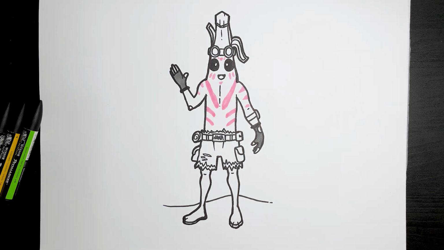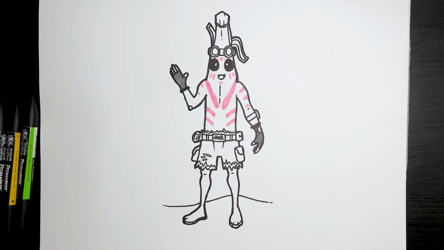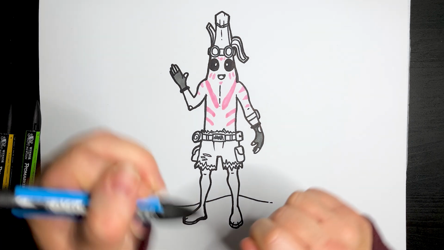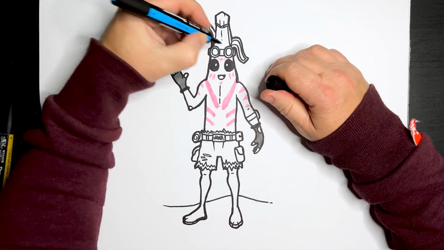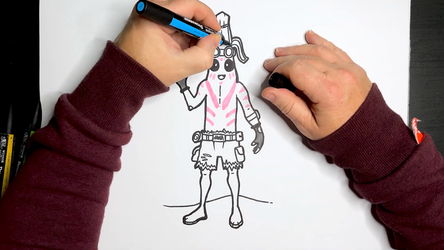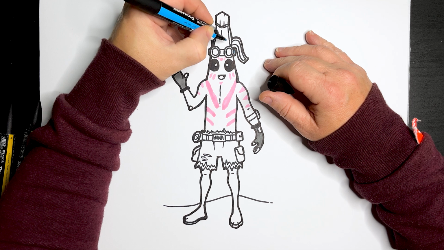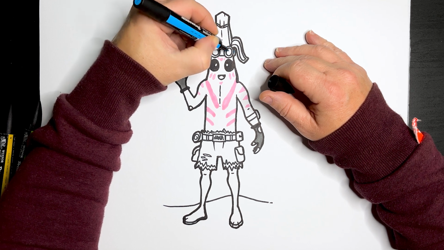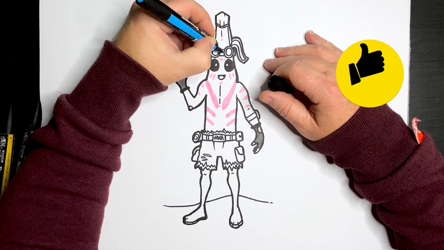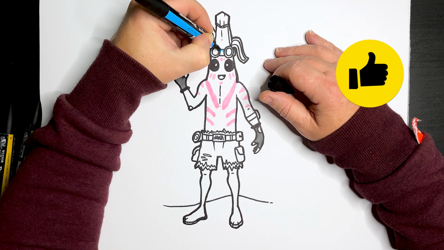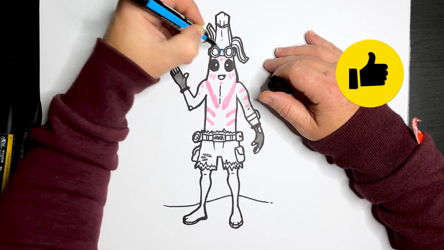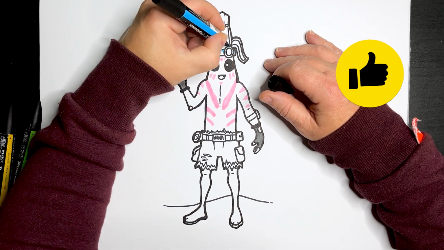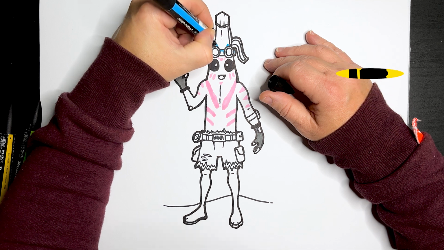Now I've got that in, I'm going to go grab a nice vibrant blue and put some of these blue markings in. So I see there's a little bit on this corner bit of the band for his goggles. There's also a little bit there, almost like a little triangle. And there's also a little triangle bit just above.